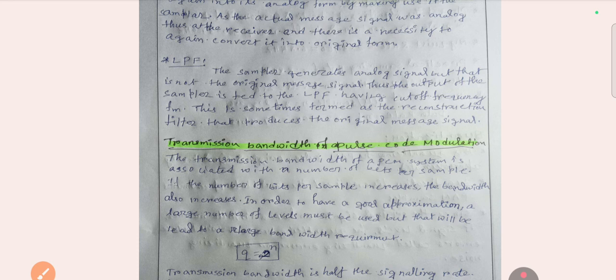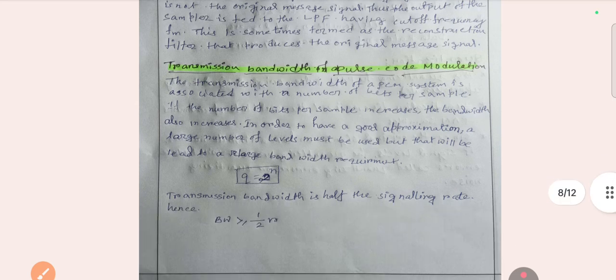In order to have a good approximation, a large number of levels must be used, but that will lead to a large bandwidth requirement. Q equal to 2 to the power n. Transmission bandwidth is half the signaling rate, hence bandwidth is greater than or equal to r by 2.